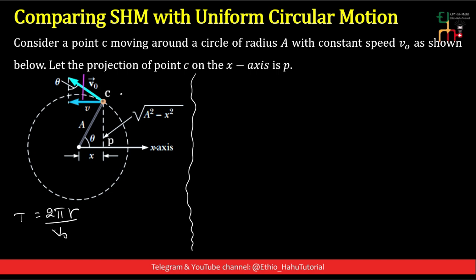V naught is the speed of revolution, and r is equal to a, so 2 pi times a divided by v naught.